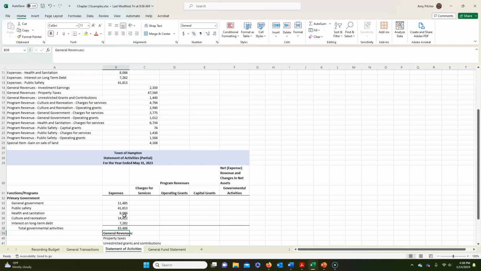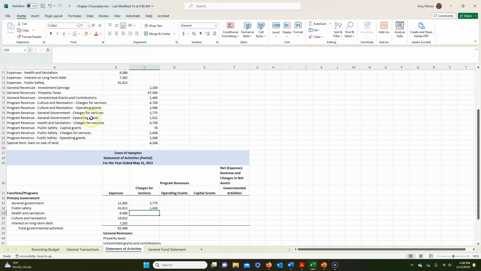Then we have our charges for services. What different funds did we get in charges for services, and you can see that we have different things here. We have general government charges for services of $3,775. We have public safety charges for services of $1,438.